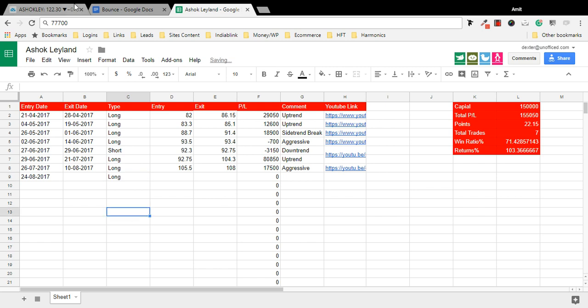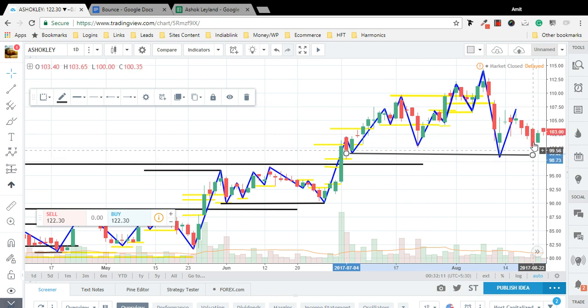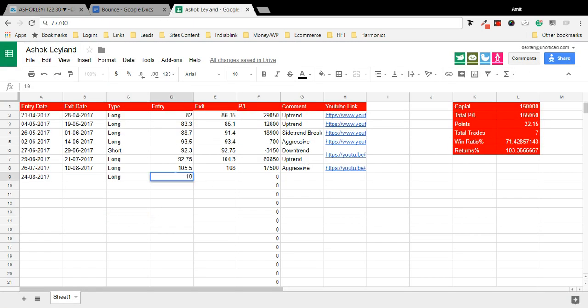This is a very aggressive entry because there has been no trend confirmed yet. We have entered at 103.6, which is the open of that day, and this is aggressive. There is no trend as of now.